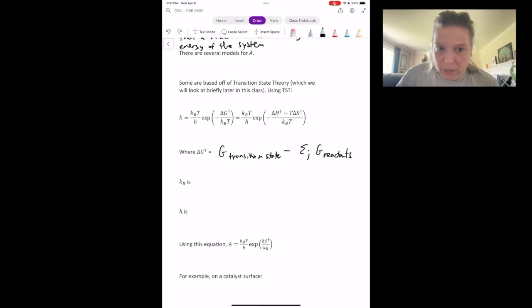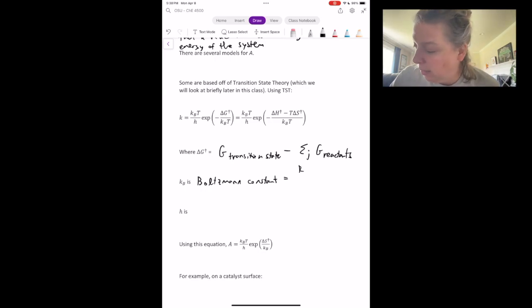Okay, so other terms. kB is the Boltzmann constant. It's equal to the gas constant in energy units, so not in pressure-volume units, but in energy units, divided by Avogadro's number.